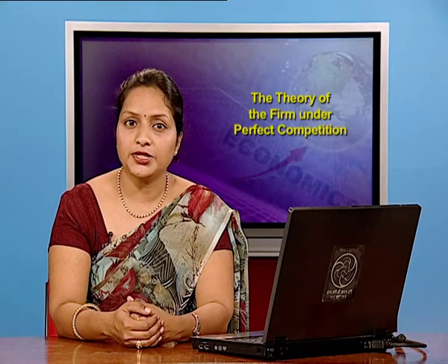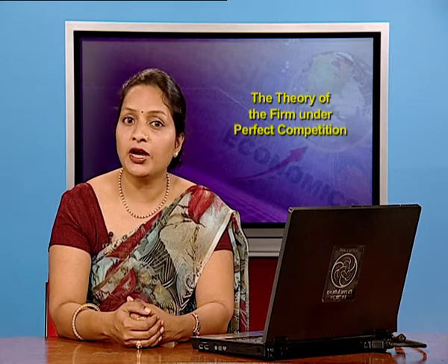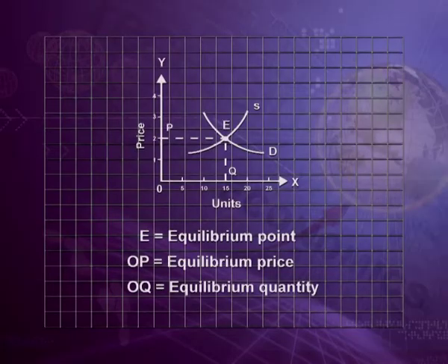If we plot this data on a graph, we will find two curves. The downward sloping curve is the demand curve and the upward sloping curve is the supply curve. These two curves intersect at point E. E means equilibrium. In the diagram, OP is the equilibrium price and OQ is the equilibrium quantity, which will be sold at that price.